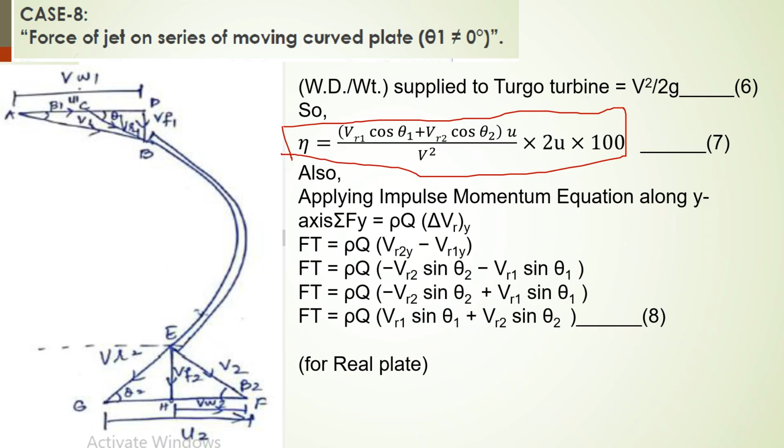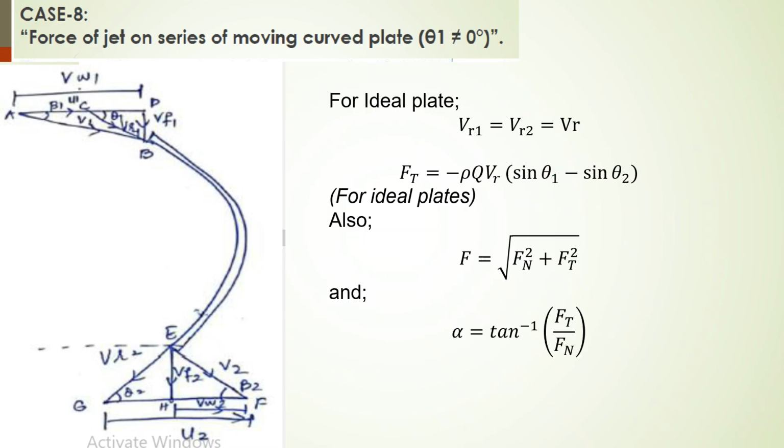So the y component, the tangential component, similarly we have now VR1 sine of theta 1 as well with us. So for the real plates we have both of the components VR1 and VR2 and thetas as in equation number 8. For ideal plates, we have VR1 equal to VR2 equal to VR. And then you have the alpha, the final force, and the angle of inclination.